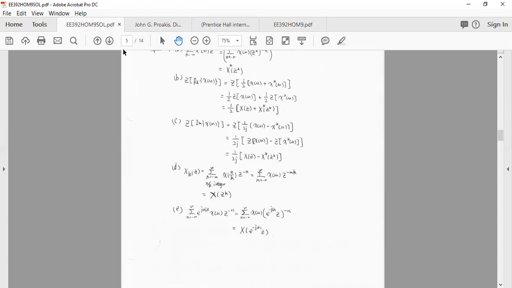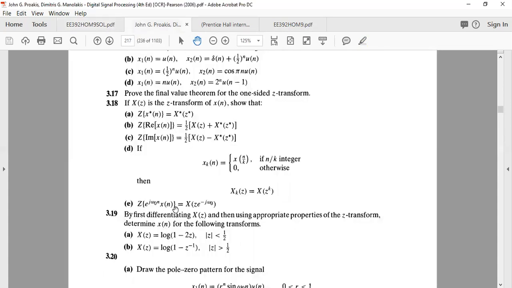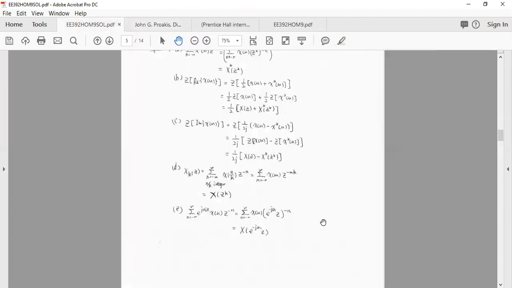Then moving on to part E, right? Part E: z transform of e to the power of j omega naught n multiplied by x of n is equal to x of z e to the power minus j omega naught, right? So we basically prove that.